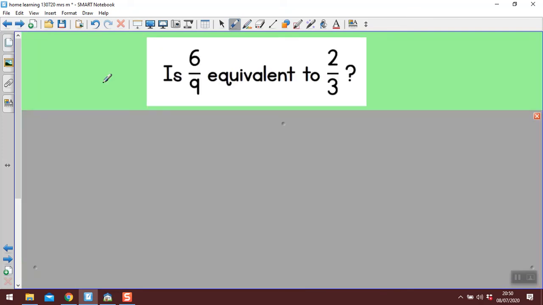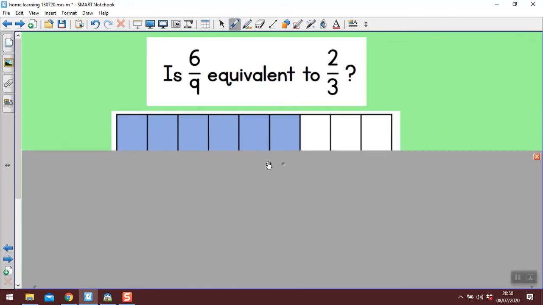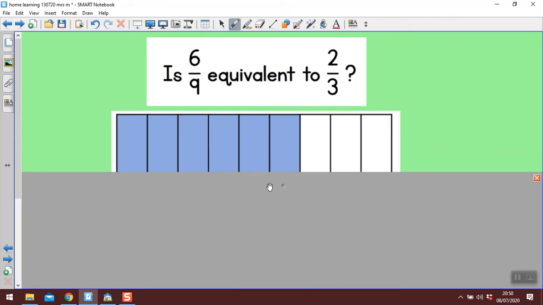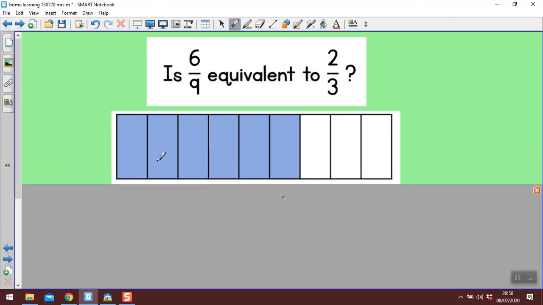Is 6/9 equivalent to 2/3? What do you think? Should we find out? So here I have got 6/9. I've got 9 sections and 6 have been coloured in.